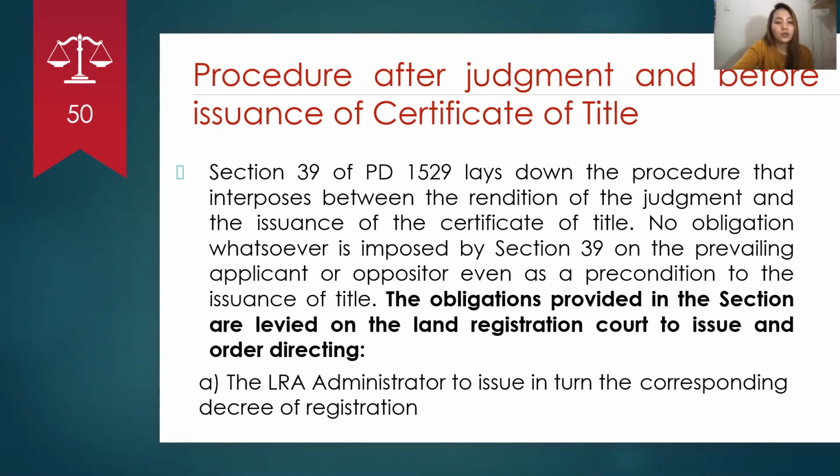No obligation whatsoever is imposed by Section 39 on the prevailing applicant or oppositor, even as a precondition to the issuance of title. The obligations provided in said section are levied on the Land Registration Court to issue an order directing first the LRA administrator to issue in turn the corresponding decree of registration. Next slide, please.